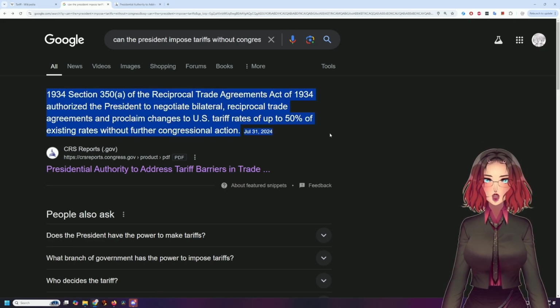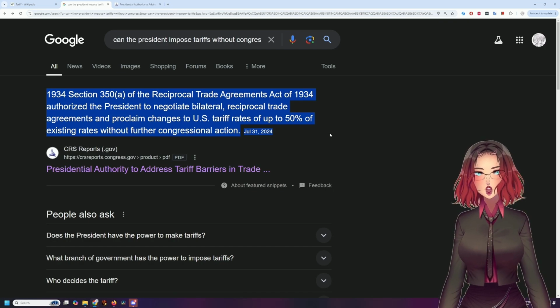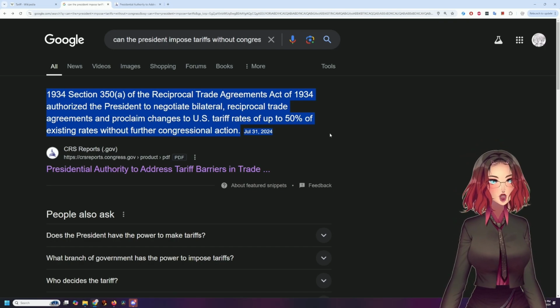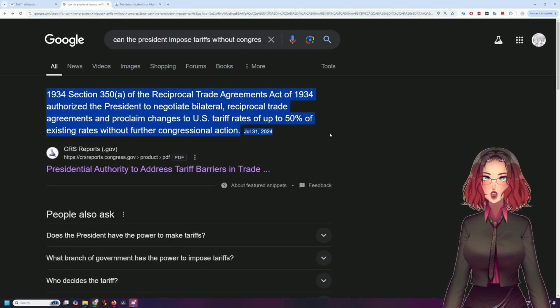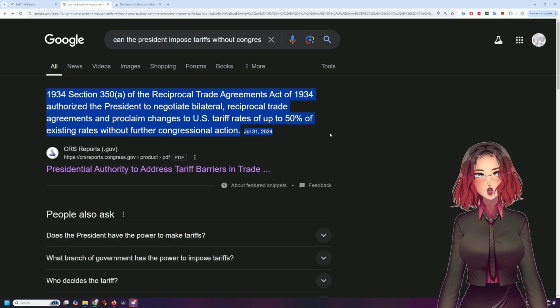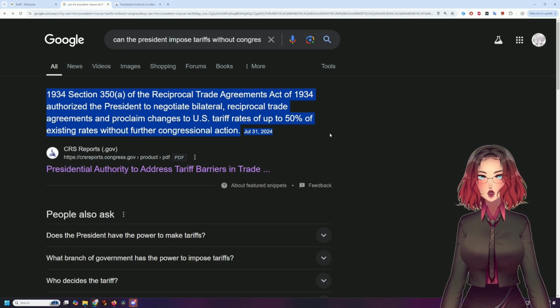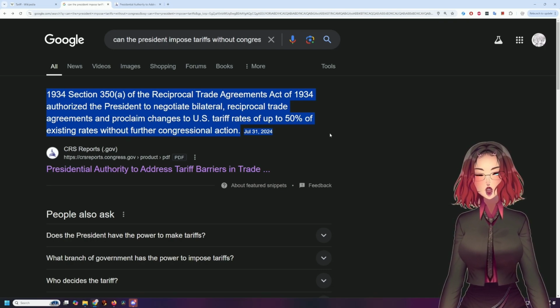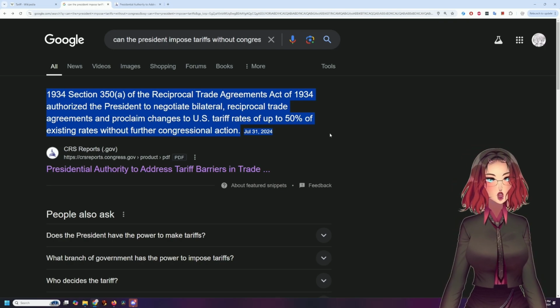And I'm not going to read the particular clauses to you, but let's just say the Reciprocal Trade Agreements Act of 1934 authorized the president to negotiate bilateral reciprocal trade agreements and proclaim changes to the U.S. tariff rates up to 50% of existing rates without further congressional action.